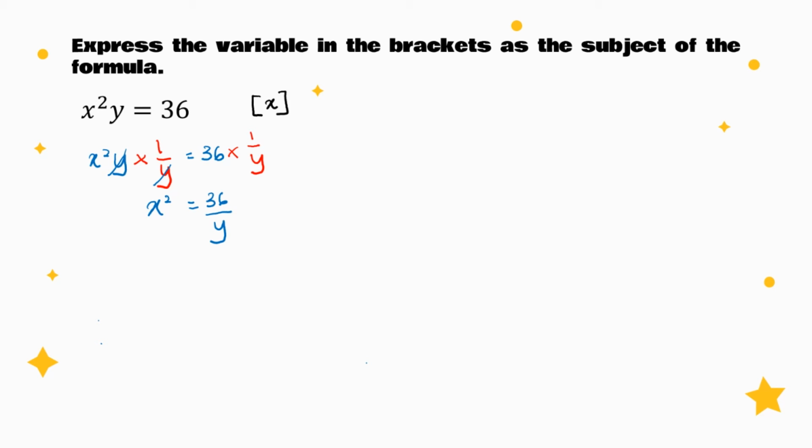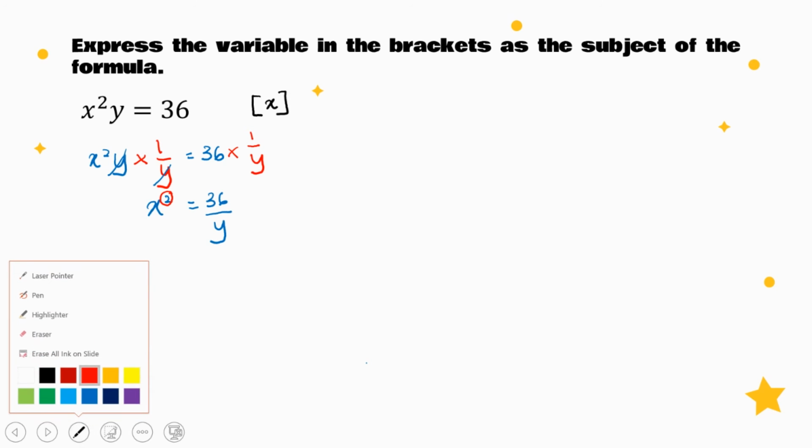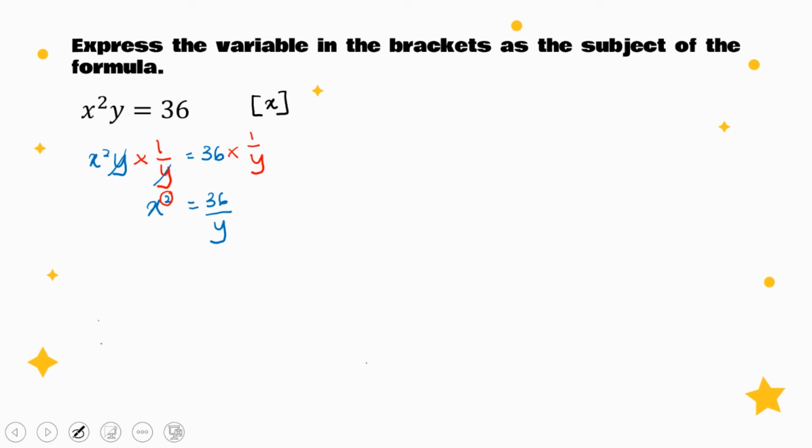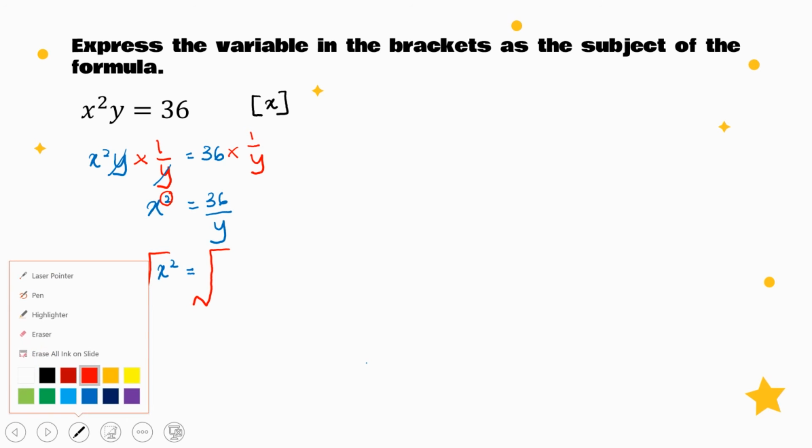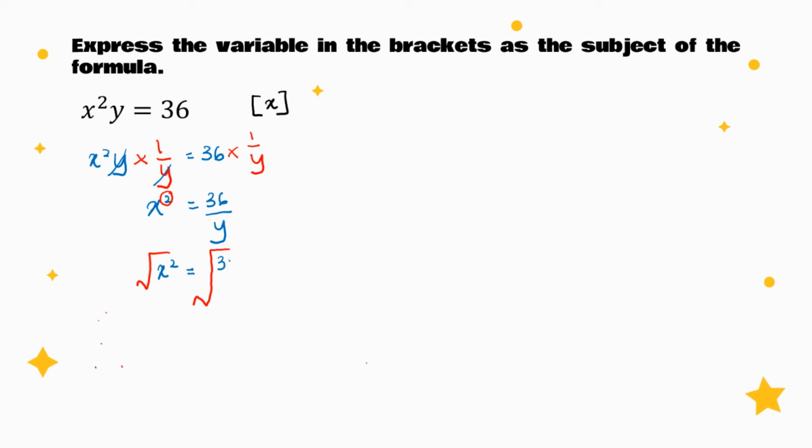Now we want to dismiss the square here. So how to do that? We must put the square root at the right hand side, so we perform the equality concept. Square root of x square equals to square root of 36 over y. Focus.